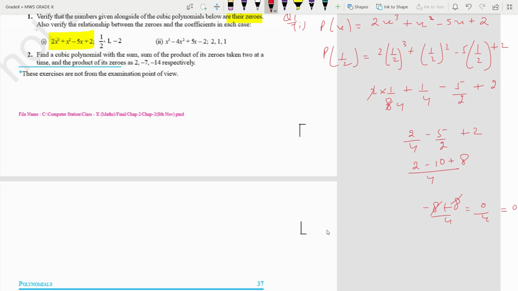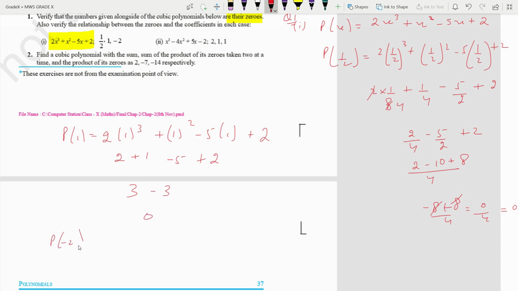Now let us check for 1. Checking for 1, P(1) is equal to 2 times 1 cube plus 1 square minus 5 times 1 plus 2. So 2 plus 1 minus 5 plus 2. 2 plus 1 is 3 and minus 3, that is also equal to 0. The last is minus 2.